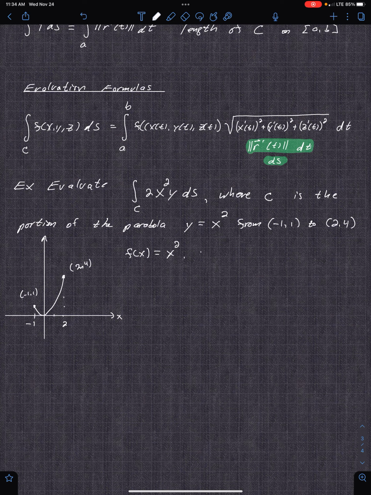What we want to do next is define the curve parametrically. I wouldn't say it's never difficult, but it's easy to do if it's in rectangular form, because you just let x be t and then you evaluate for y.